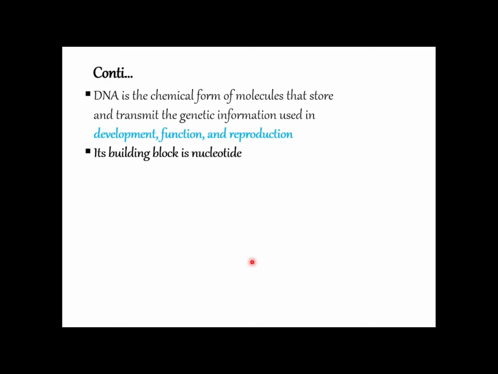So now DNA is a chemical form of molecules that store and transmit genetic information, which is used in the process of development and reproduction. I will provide that in the next video.